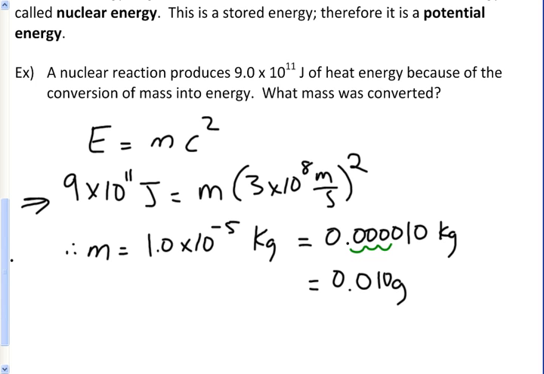Now that being said, it's really difficult to perfectly convert mass into energy. You would have a total amount of mass from a certain reaction. You'd probably have a whole bunch of reactions, and only this much mass has been converted into energy.